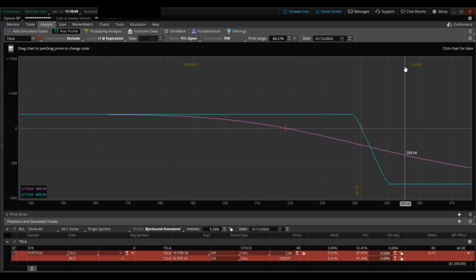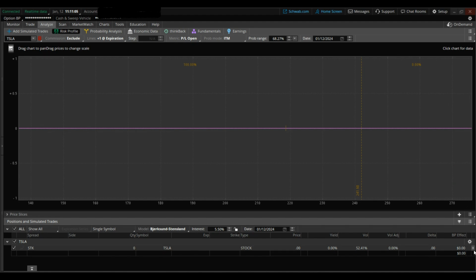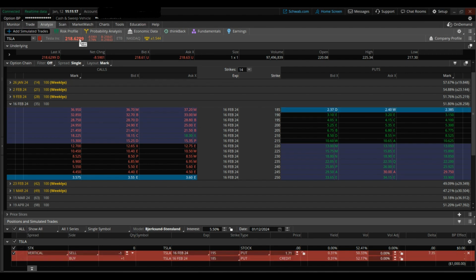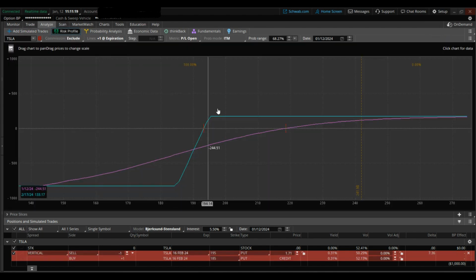So the third strategy is an iron condor. An iron condor is a strategy that involves selling a call spread and a put spread. It's pretty much combining both of them, so let's see how it looks. We're gonna start out with the put: the 195 sell and buy. We want it to go up, right? This is our line, and we want Tesla to trade above this line for us to make money.